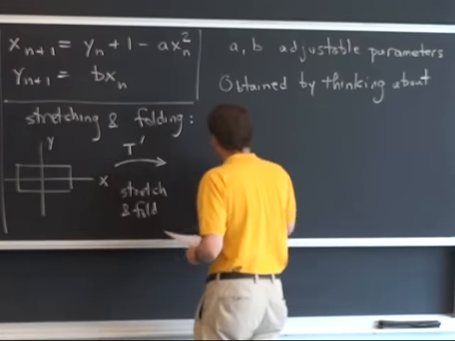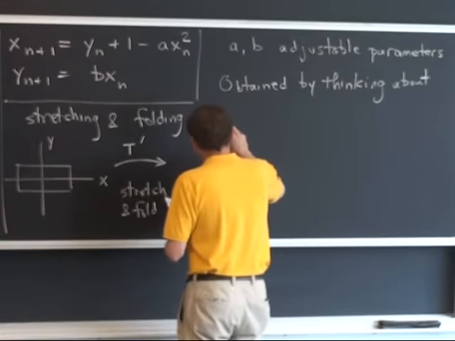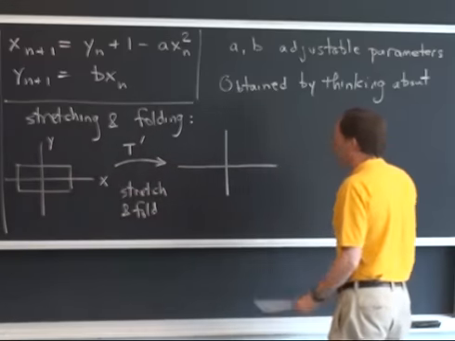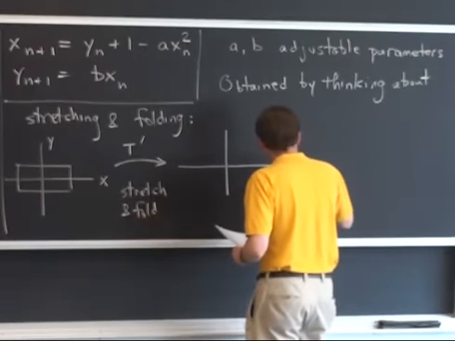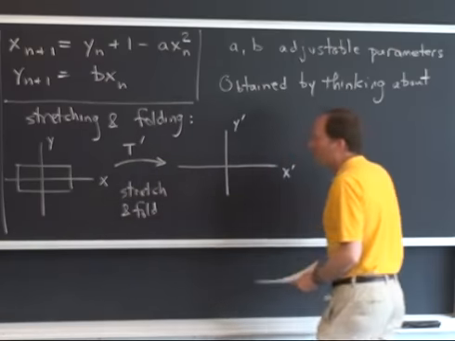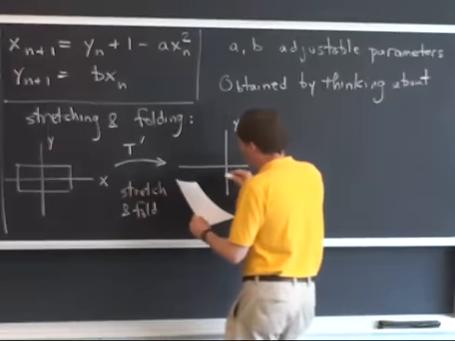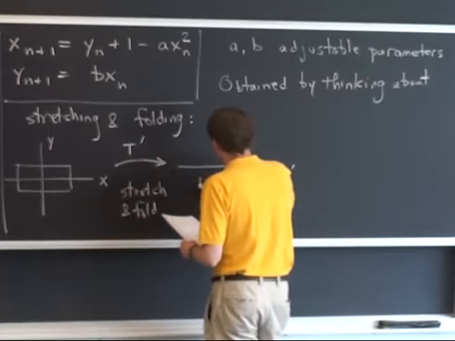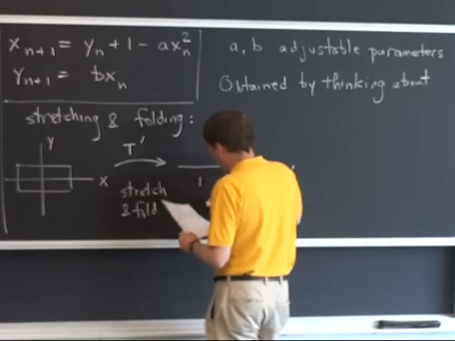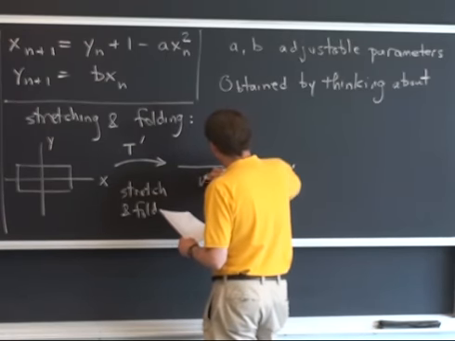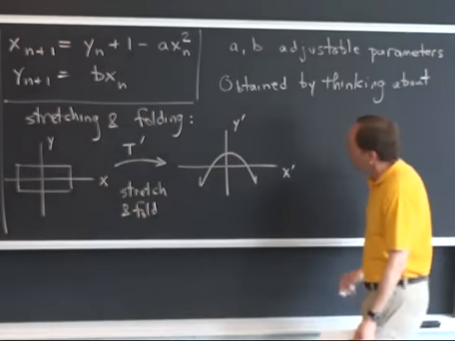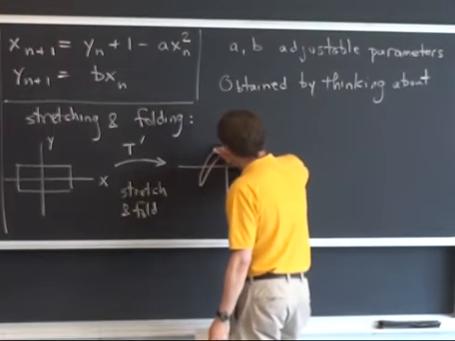And it does it by taking this rectangular blob and mapping it onto these new axes that we'll call x prime, y prime. And we want the rectangle to be mapped into something that has a parabolic arc on the bottom and on the top. It looks like that on the bottom, and then also on the top.